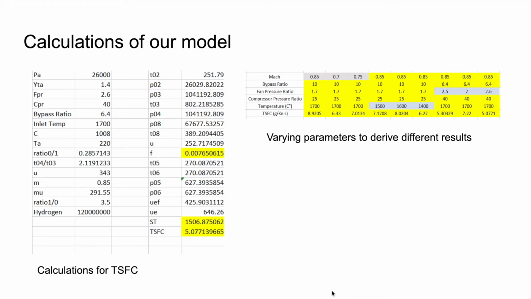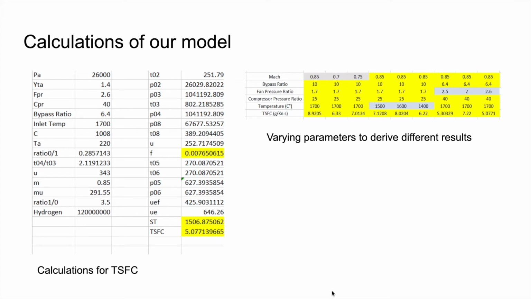For the first three on the left, we have different Mach numbers, which give varying thrust-specific fuel consumptions, with a Mach number of 0.85 giving the highest, 8.9 grams per kilonewton second, and a Mach number of 0.7 giving the lowest, 6.33 grams per kilonewton second.